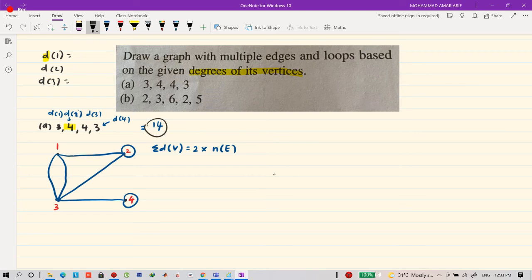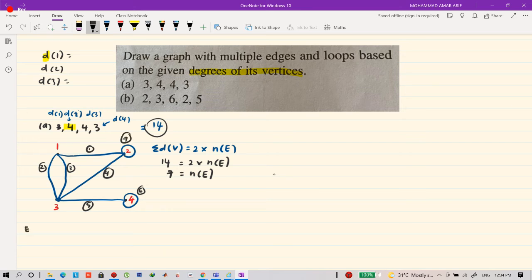So here is 14, 2 times NE, so 7 equals NE. So check our paths: 1, 2, 3, 4, 5, 6, and then 7.